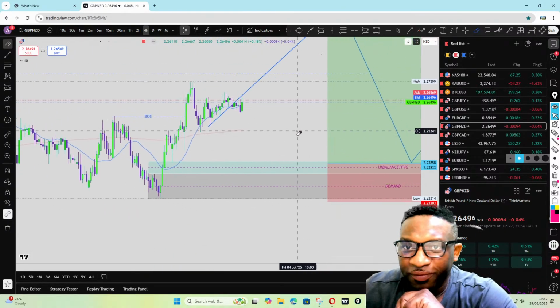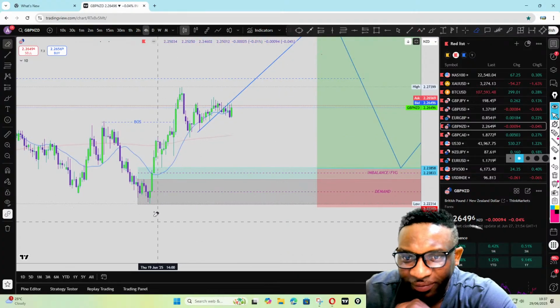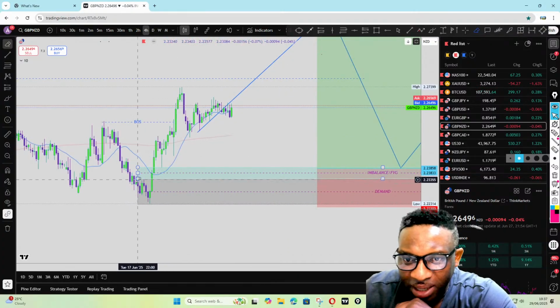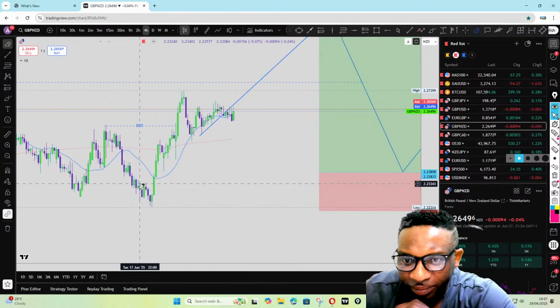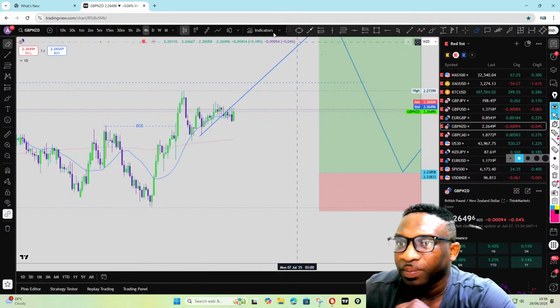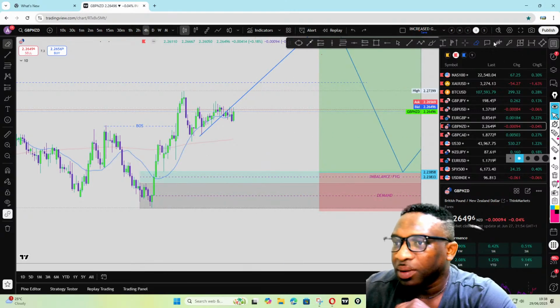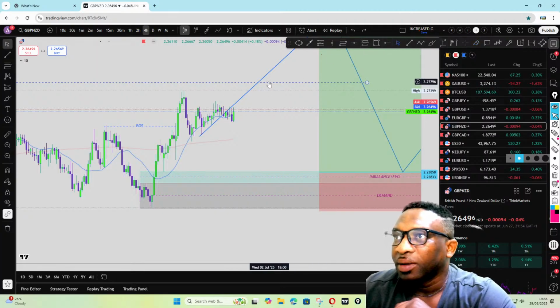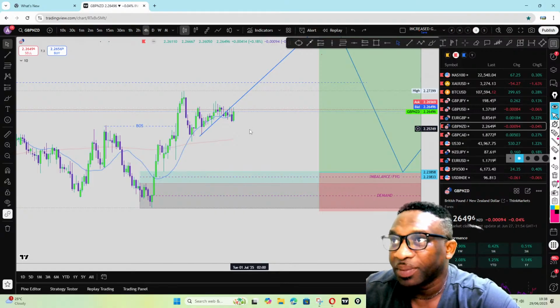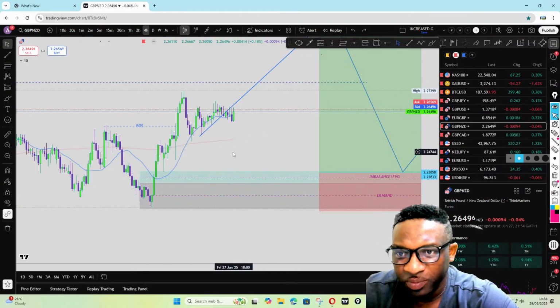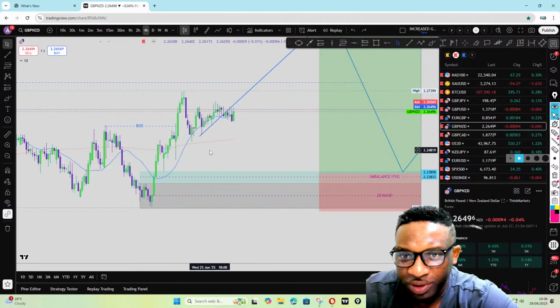So on the 4-hour time frame, we have our demand area. Once I'm done with this, I'm going to have a look at BTC and see some possible opportunities there.